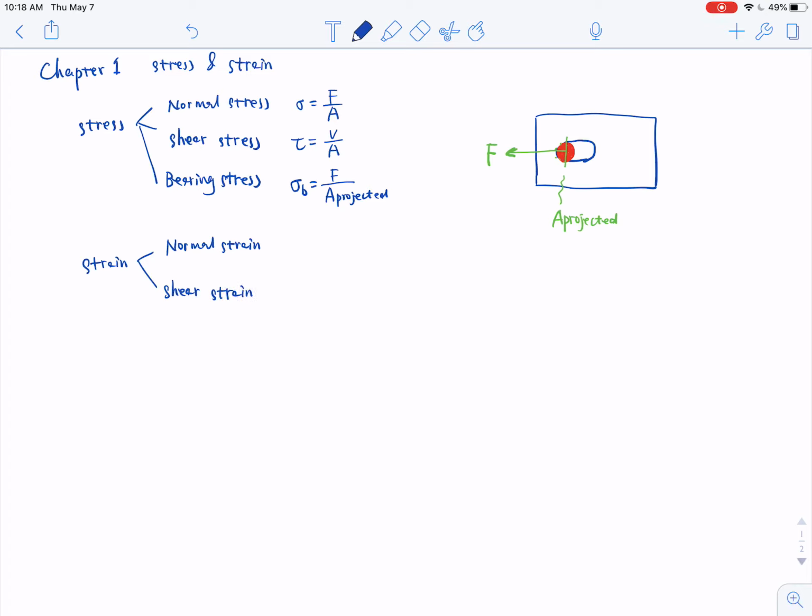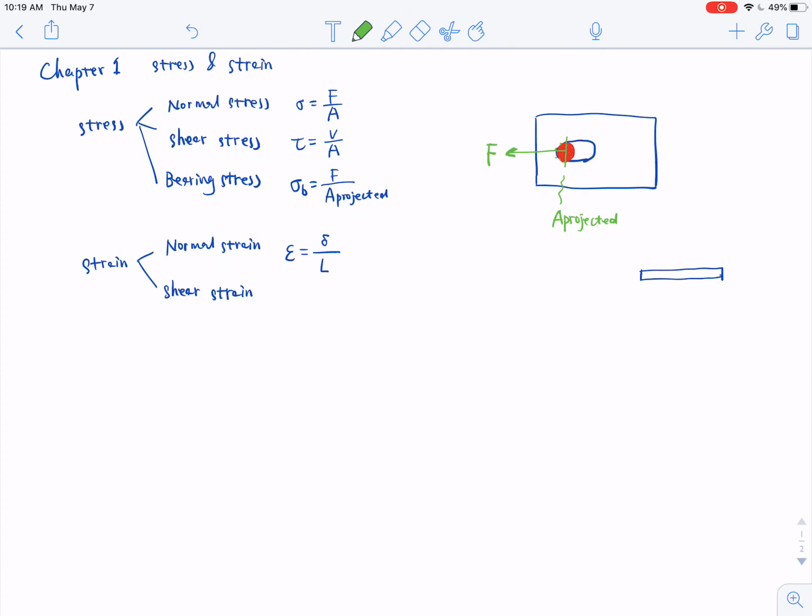Well, the normal strain can be calculated by a simple equation that is epsilon equals delta over L. Right, the delta is the length change, and the L is the original length, right? So a simple case is that you have a bar.